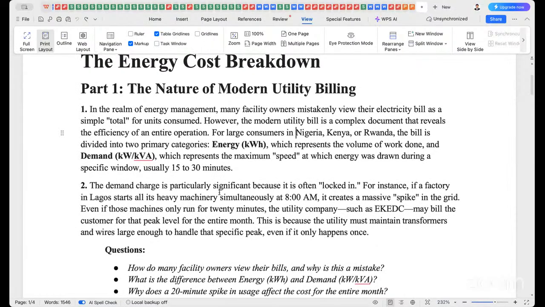Now, looking at paragraph 2, it gave an instance, right? And if you look at my explanation earlier, I have started applying these instances in different scenarios. But the question now is, why does that 20-minute spike in usage affect the cost for the entire month?